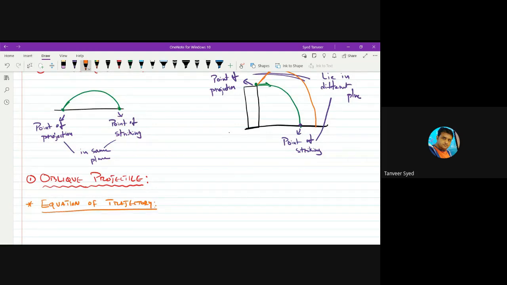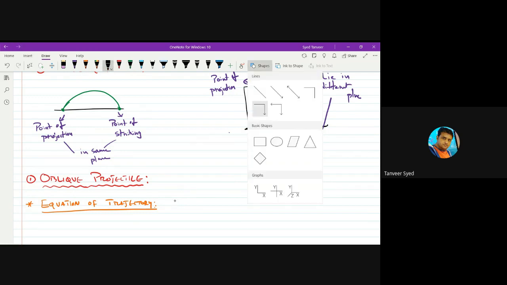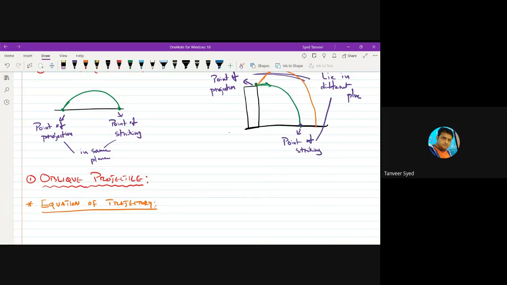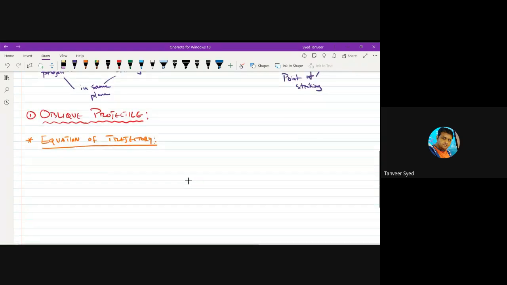Okay, what is this? See, first of all, x and y axis, and now I am projecting a body.